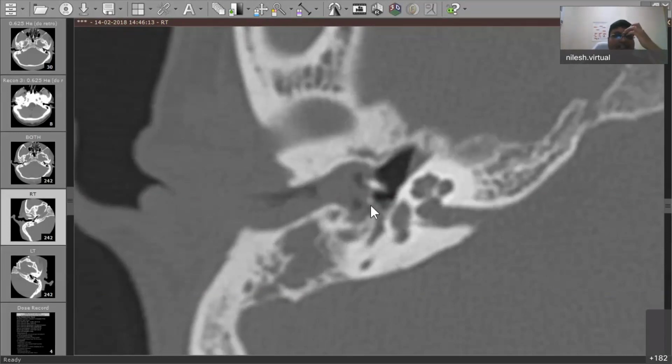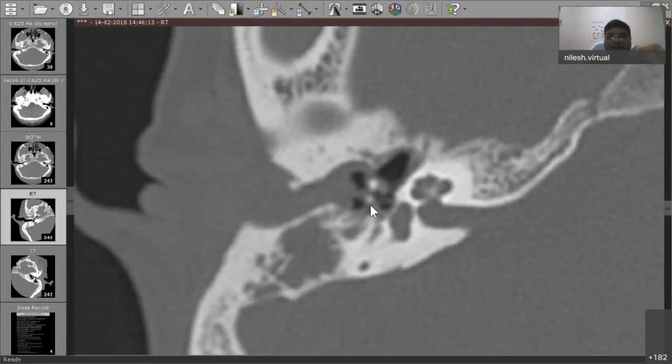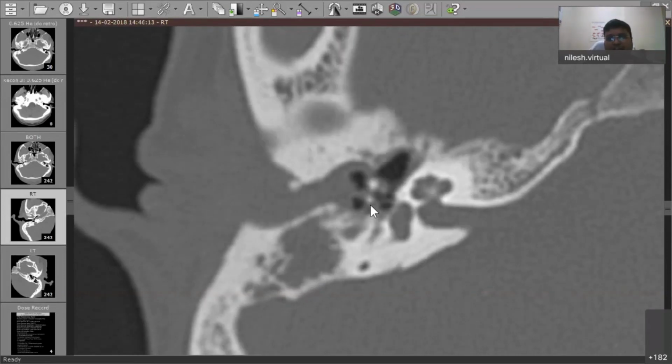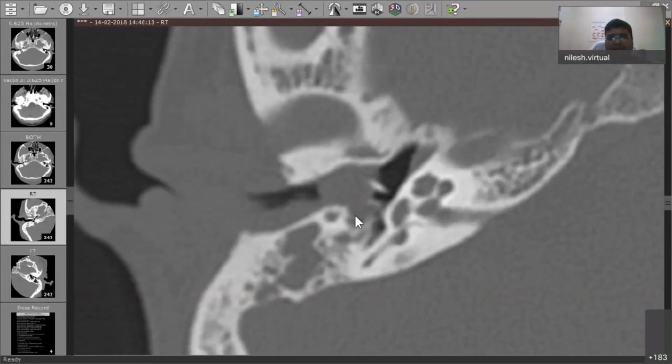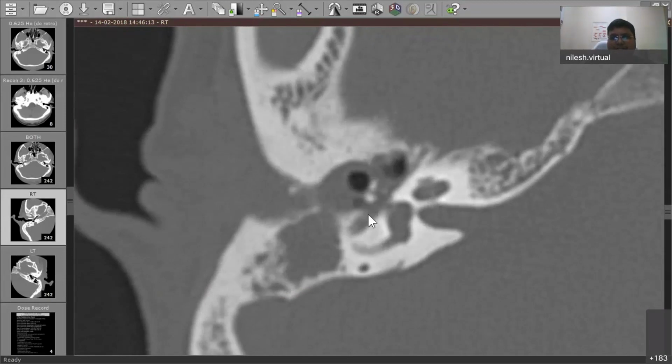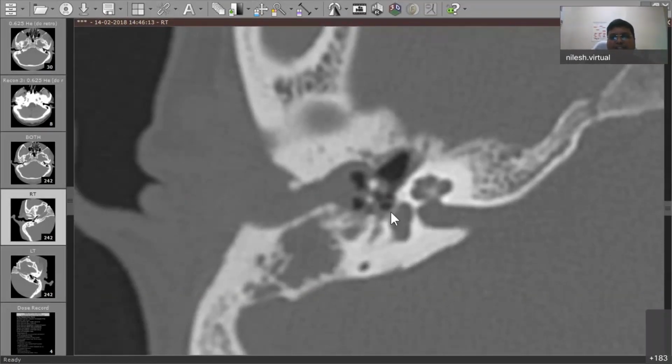So in these cases, if you are planning to do a canal wall down procedure, you have to always disarticulate the incudostapedial joint before removing the bridge. If inadvertently you drill the bridge without removing the remnant incus, that may touch your suprastructure of stapes and it may push your footplate inside.